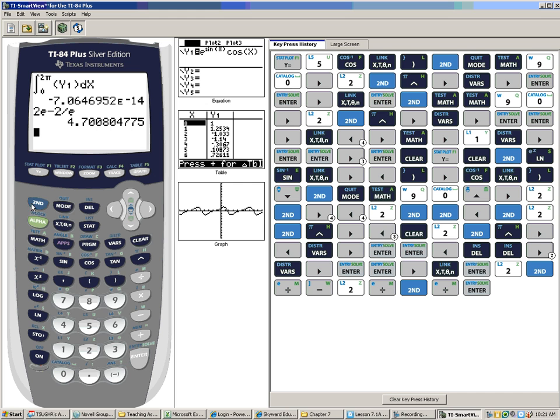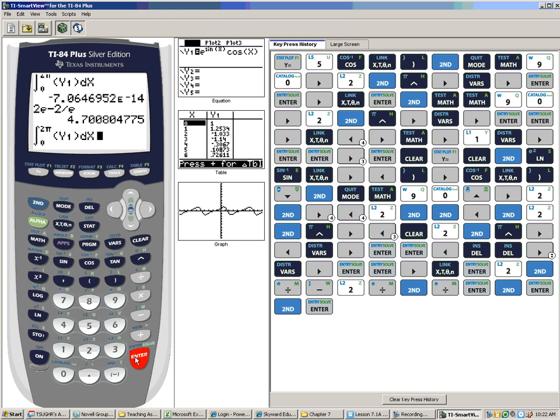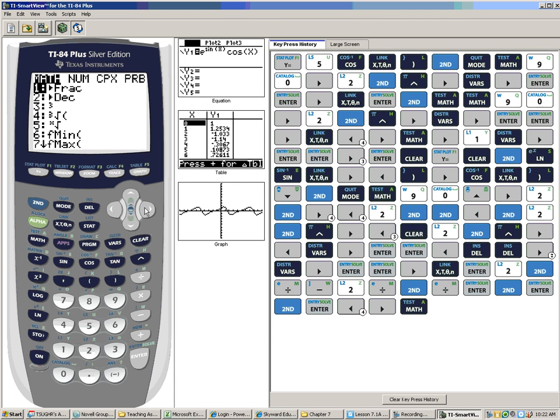So we can do this. Second enter. Second enter. It's going to call this up. The only thing you want to do is come back here and put absolute value bars in there. Okay? We're going to go math, over the number 1.